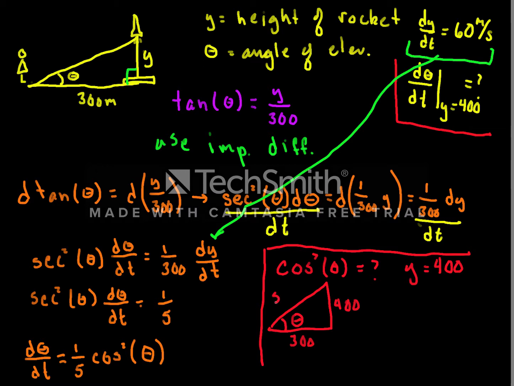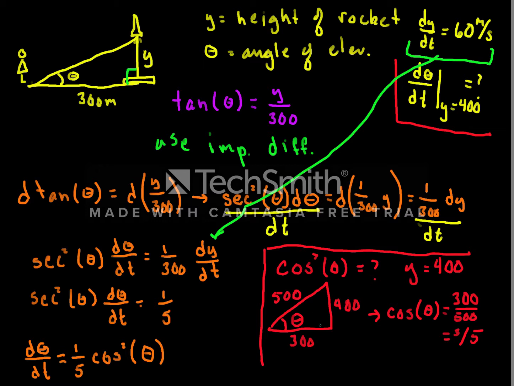But you could use Pythagorean theorem to find that the length of the hypotenuse, when the base is 300 and the height is 400, has got to be 500. This tells me that cosine of theta is the ratio of adjacent to hypotenuse, so it's equal to 300 divided by 500, which is equal to 3/5.